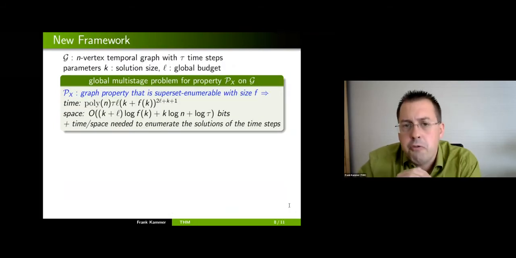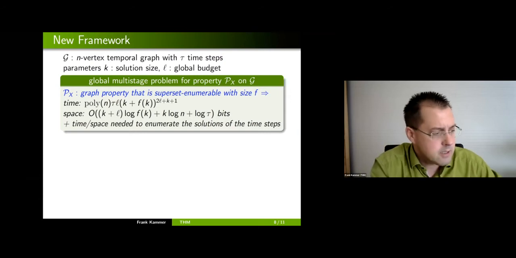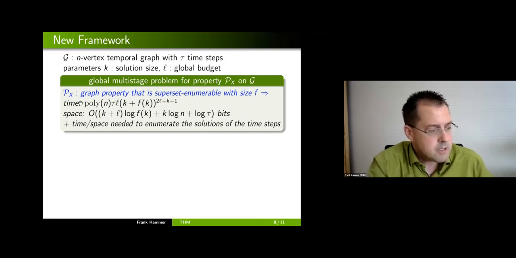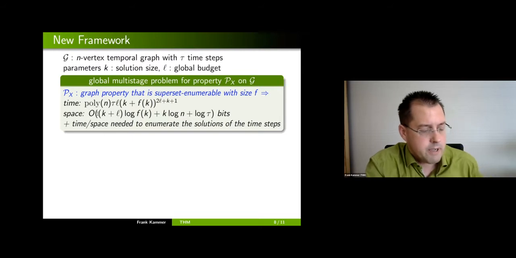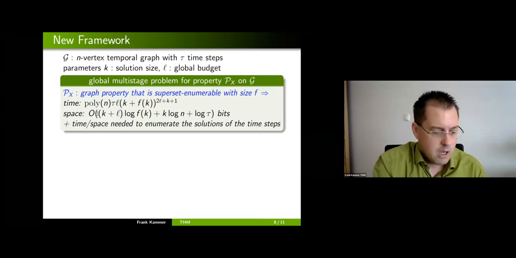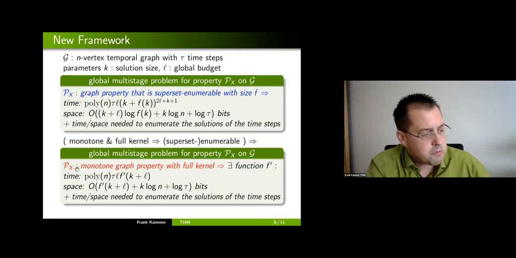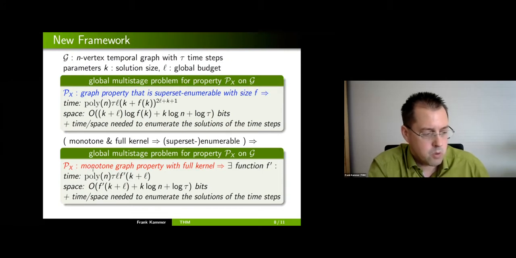And now, what is the framework? The framework is: if we have a graph property that is superset enumerable with size f, then we can solve the problem in the time and space bounds we have already seen. And from the previous observation, we can conclude the same also for graph properties that are monotone and have a full kernel.